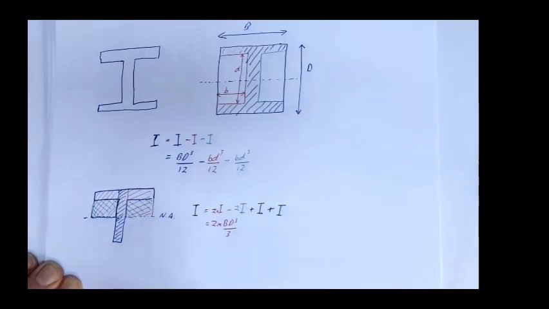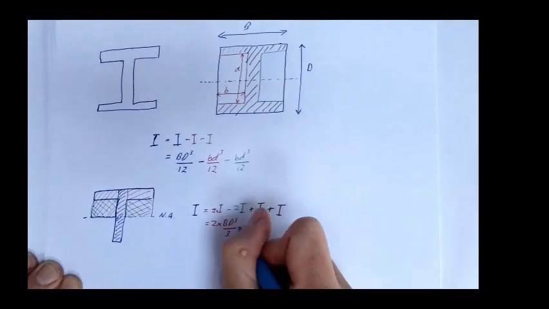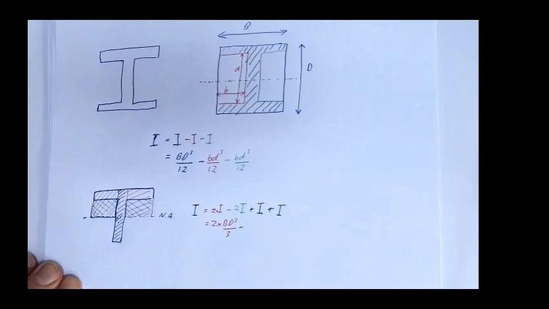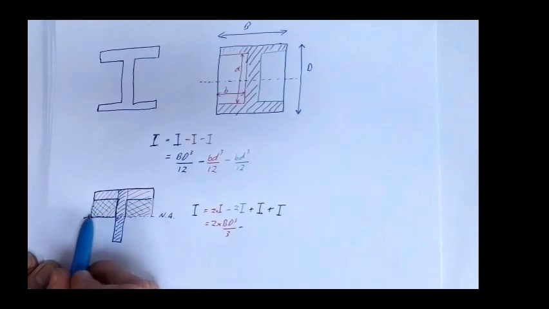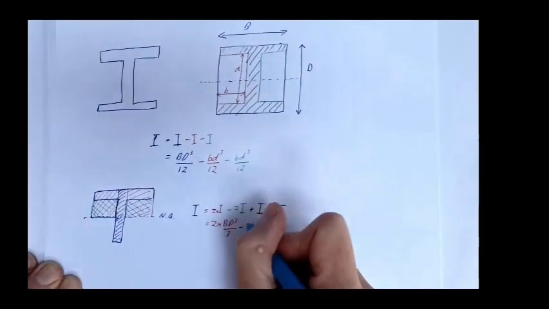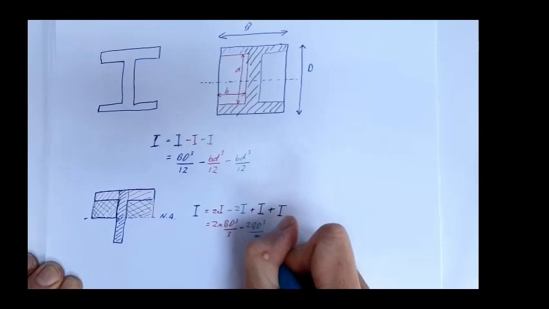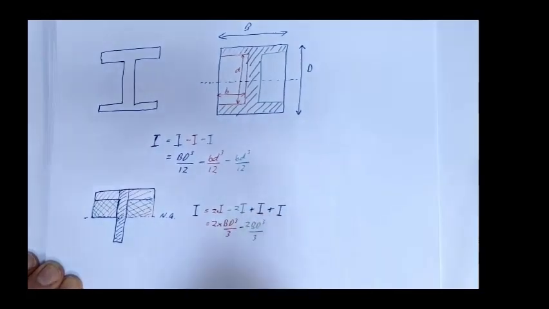And then we're going to subtract. Now we're considering the green rectangle, 2 of those. This time B is the same actually, but D is different, look. So we can subtract 2BD cubed over 3.